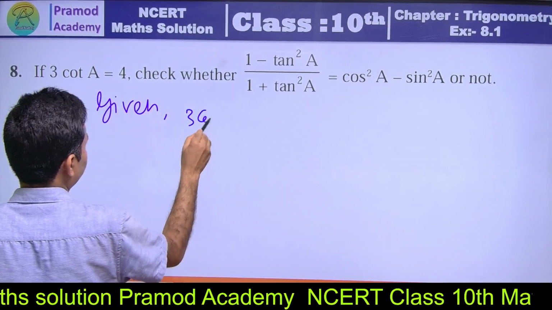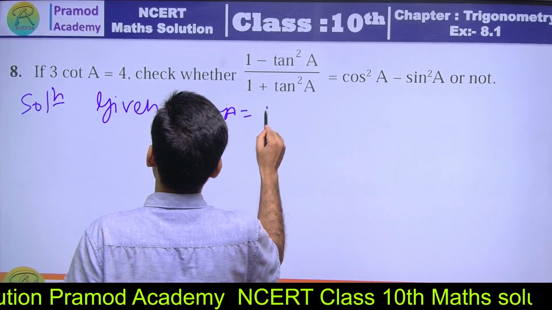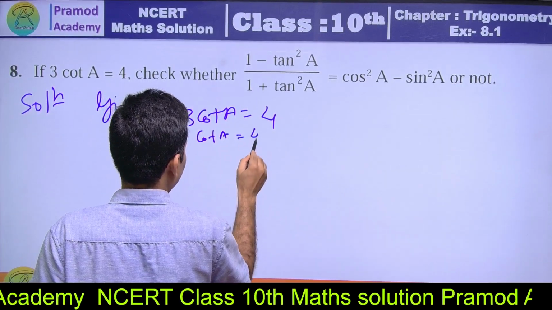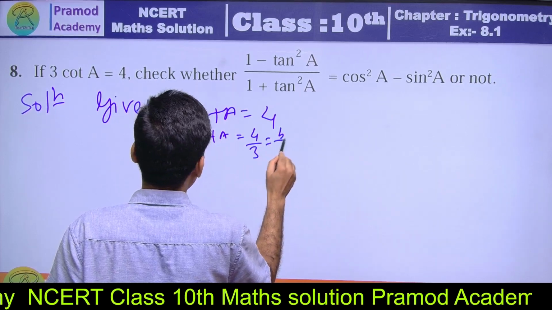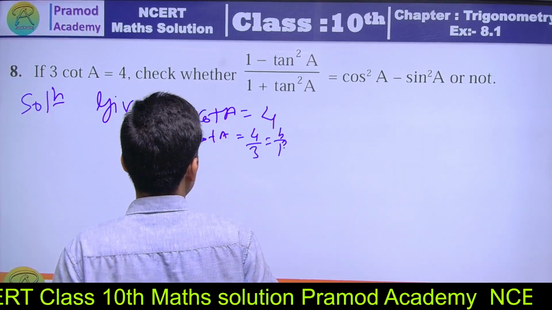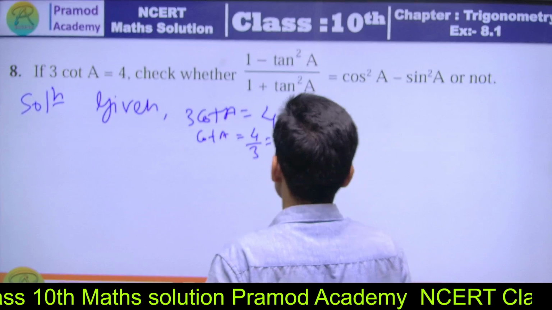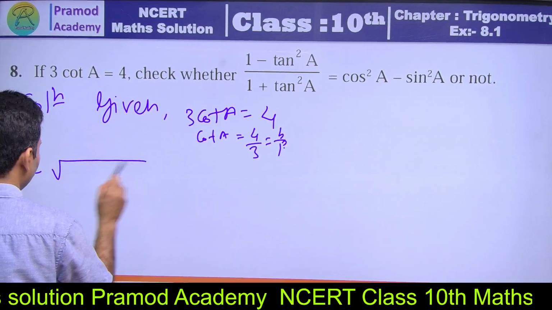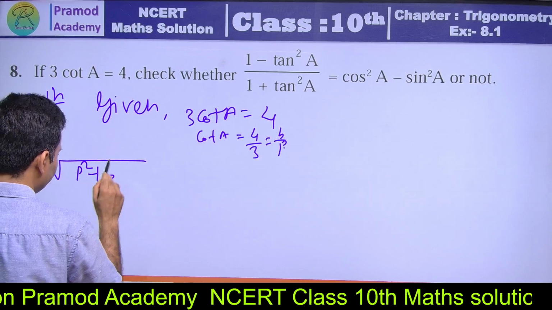So 3 cot A equal to 4. It is given. So cot A equal to 4 by 3. So cot A equal to b by p. And here h is not given. So h equal to root under p square plus b square.